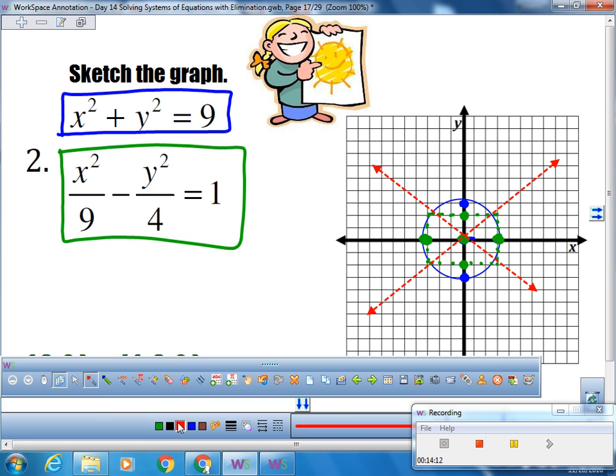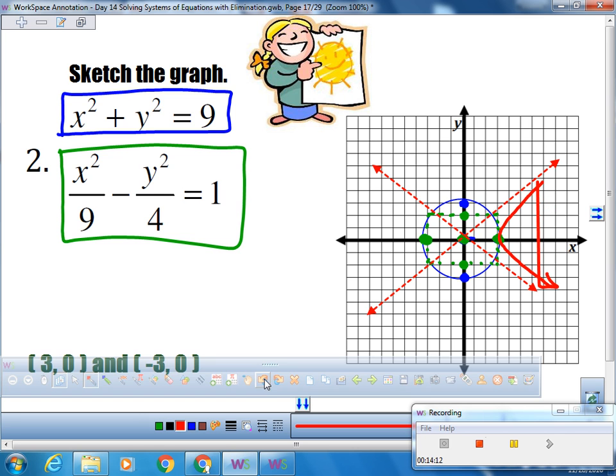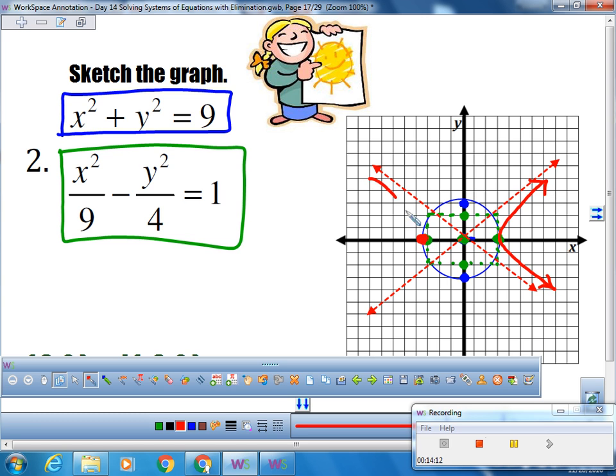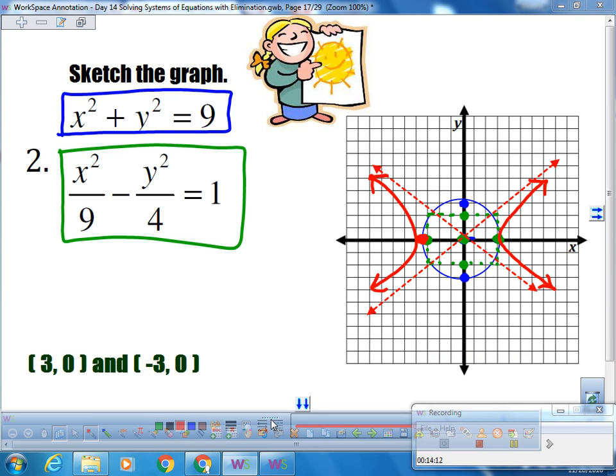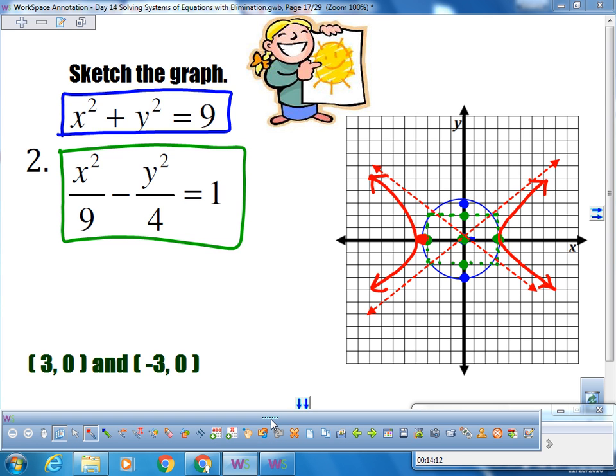And then are my branches going to be on the x or on the y? On the x. So graphically and algebraically, I've solved 3, 0, and negative 3, 0.